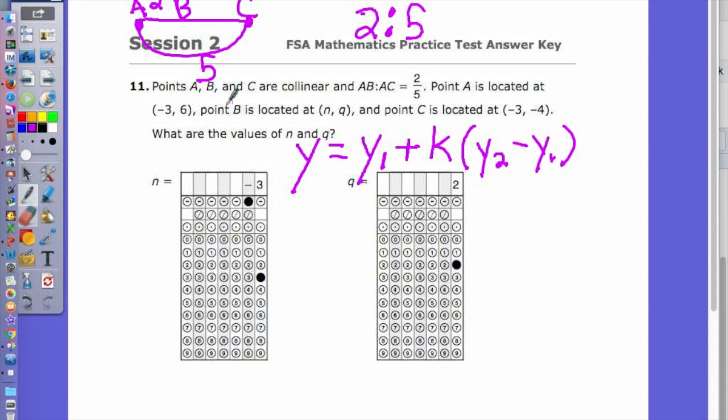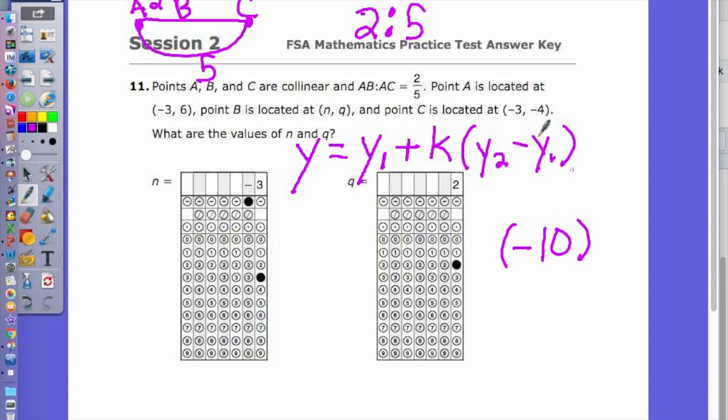Some of you guys would say, well, Mrs. Falk, I just realized that from 6 to -4 is -10. Well, guys, if you do the formula, if you do 6 minus, no, sorry, if I just do it this way. If I did -4 was y2 minus 6, I get -10.